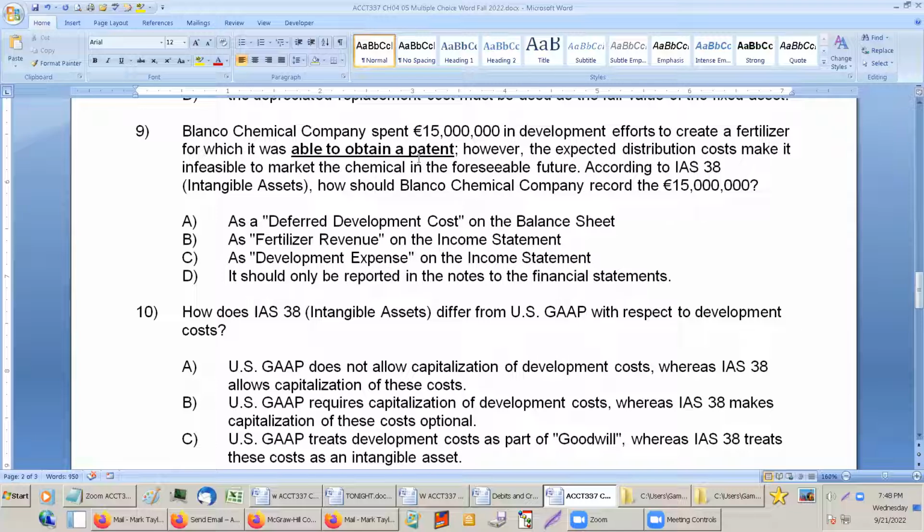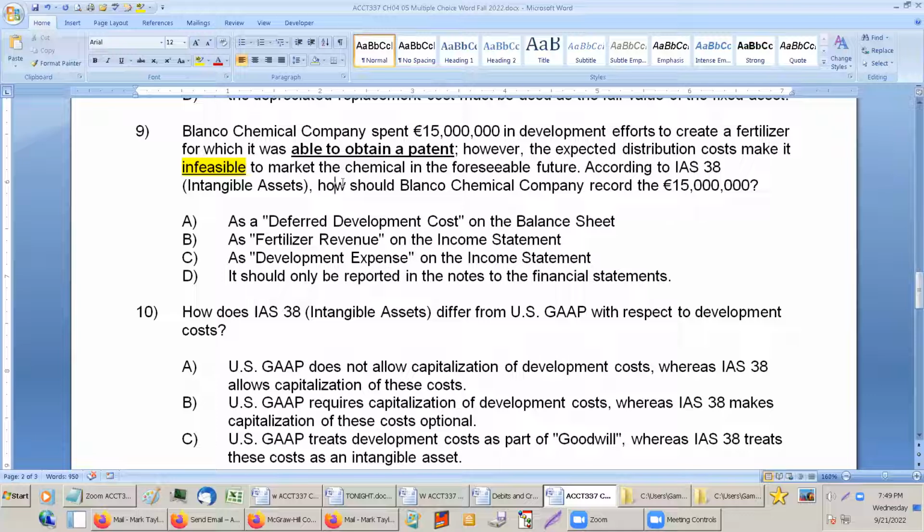According to IAS 38, intangible assets, how should the company record the 15 million? One of the requirements for capitalizing development is that it must be feasible. Making it an asset means we're going to use this and make money on it in the future. And they're saying it's infeasible. They're not going to do it, at least not now.